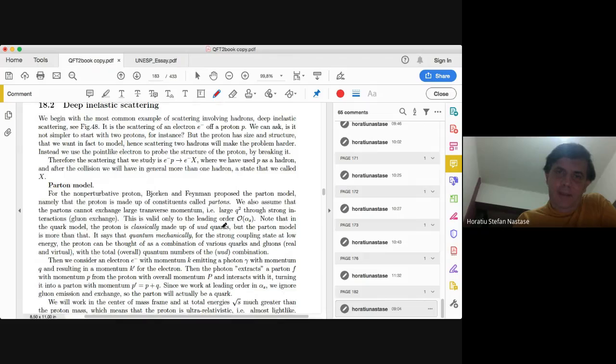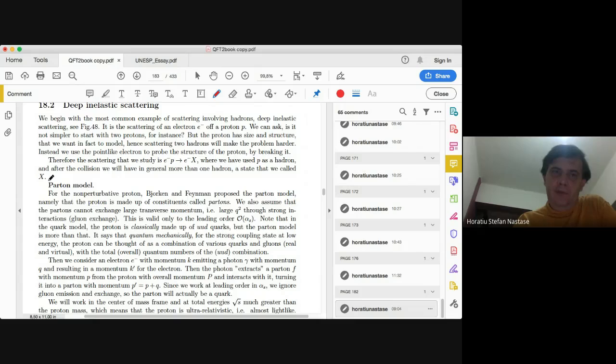So as I said, classically, or at very high energy, in the quark model we have up and down quarks, but quantum mechanically, that is at low energy, strong coupling, we have a combination of various quarks and gluons.